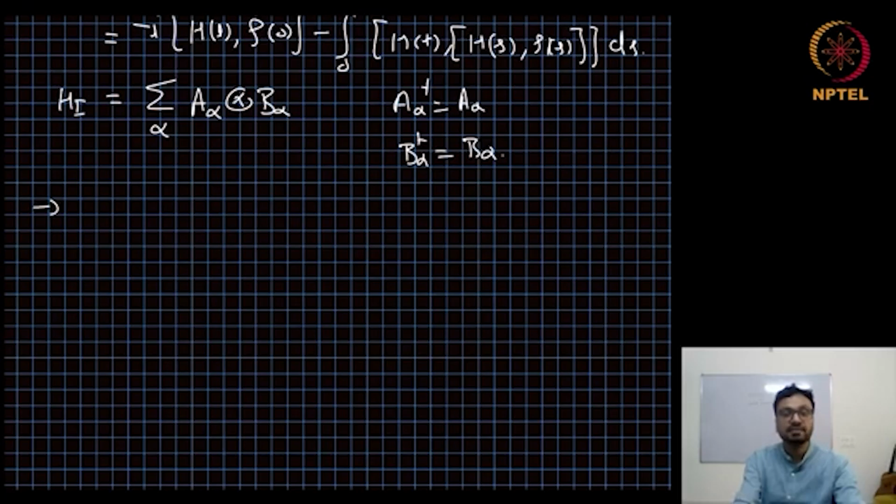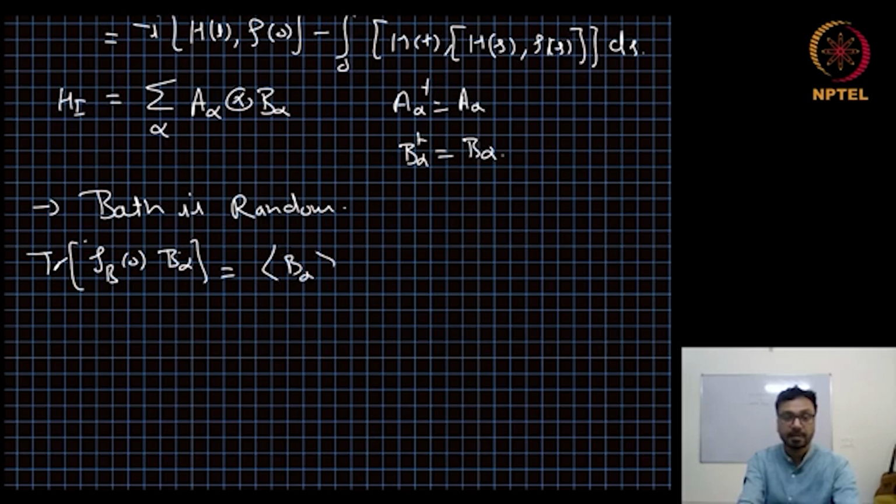One assumption we have here for the open system dynamics is that the bath is completely random. What does it mean? If we have the initial state of the bath as ρ_B, then the expectation value of all the bath operators B_α will be 0.